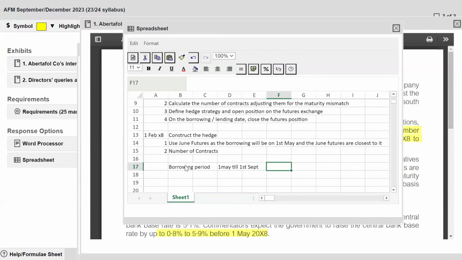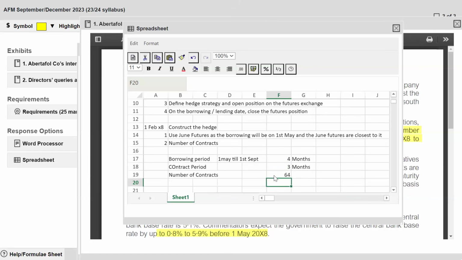May, June, July, August, 4 months, right? The contract period is 3 months. So the number of contracts will be 24 million divided by 0.5 million, multiplied by 4 divided by 3, that is, multiplied by the borrowing period divided by the contract period. So you end up getting 64 contracts.